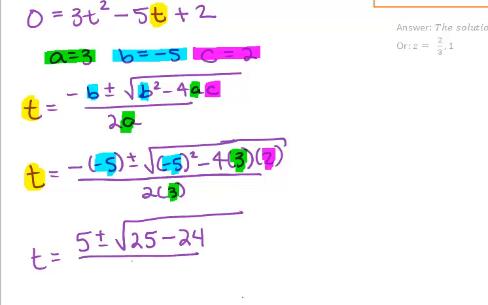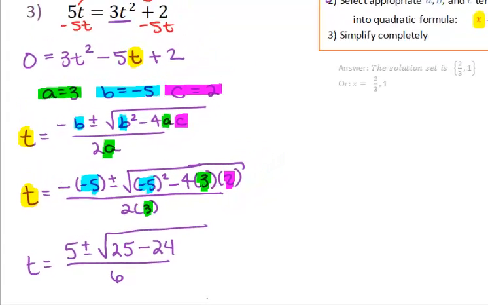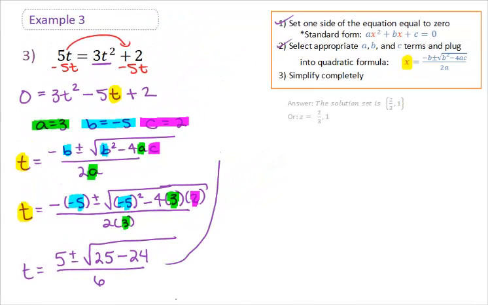And that's all over 2 times 3, which gives me 6. Moving on, I have t is equal to 5 plus or minus the square root of 25 minus 24, which gives me the square root of 1, all over 6. Square root of 1 does simplify, so that gives me t is equal to 5 plus or minus 1 over 6.